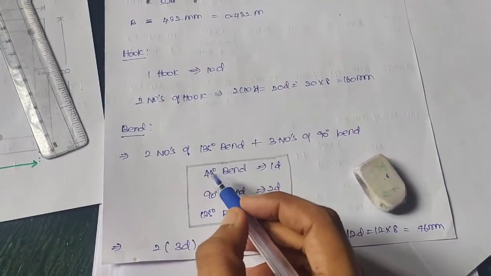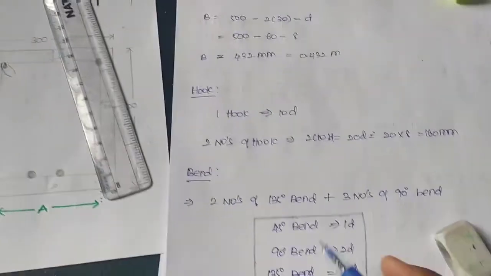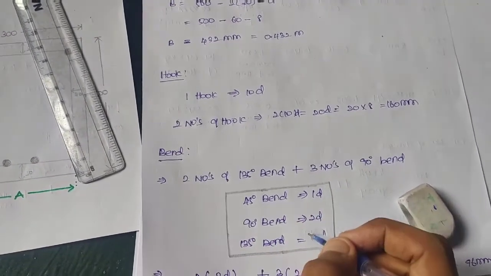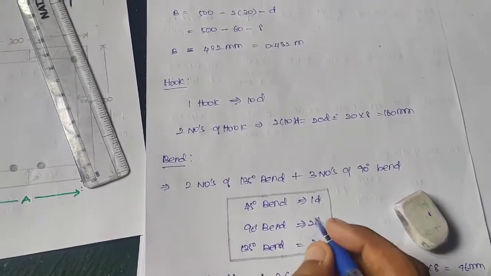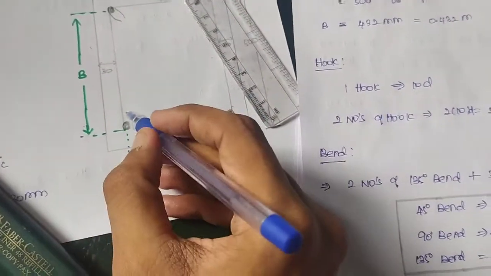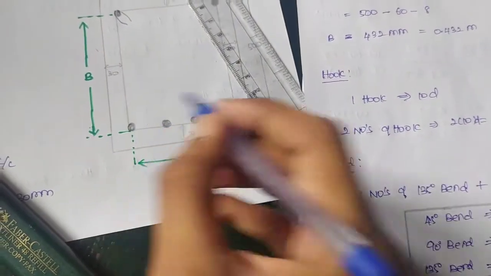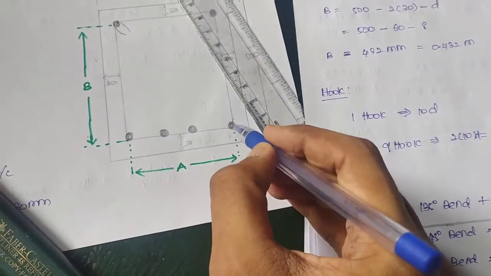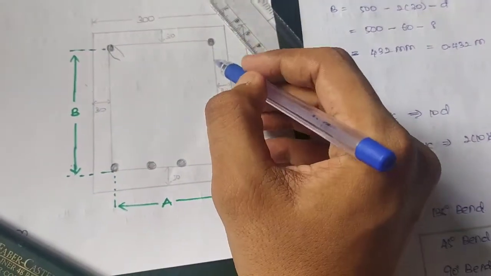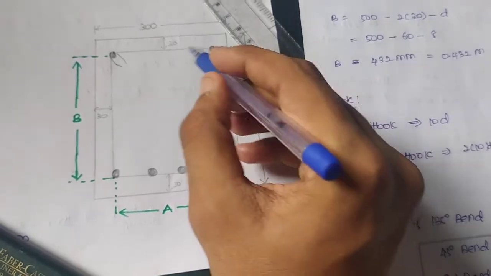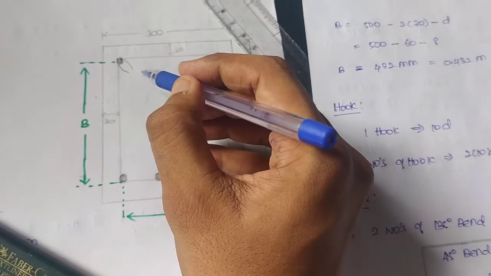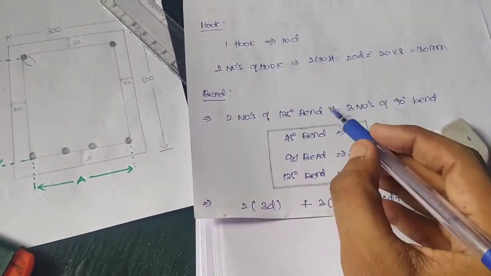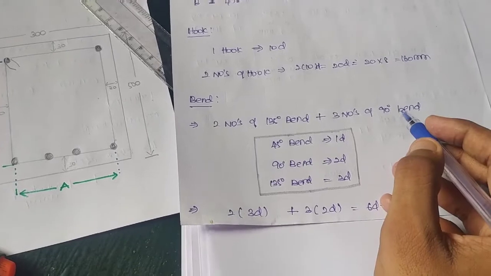For the bend portion, a 45 degree bend is, as I told for the main bar also, 1D, a 90 degree bend is 2D, a 135 degree bend is 3D. Here we have 90 degree bends, right? Here a 90 degree bend, another 90 degree bend, another 90 degree bend, so 3 numbers of 90 degree bend, and we have 2 numbers of 135 degree bend.